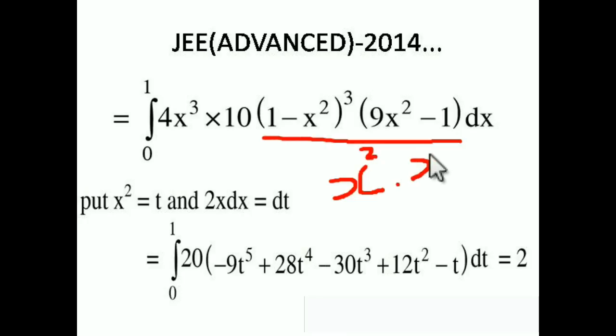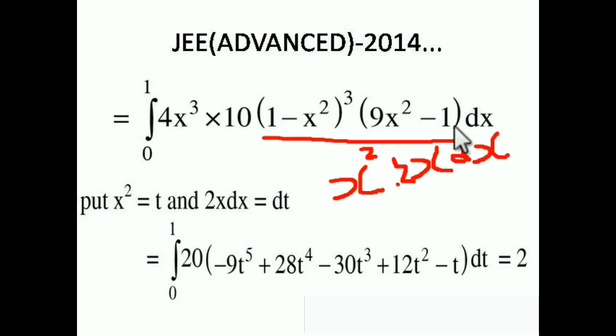So x square becomes t here, and 4 into 10, that is 40, so 20 into 2x dx, and 2x dx becomes dt. So we have t here, dt here, then (1 minus t) whole cube (9t minus 1).